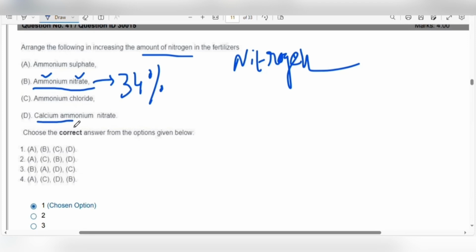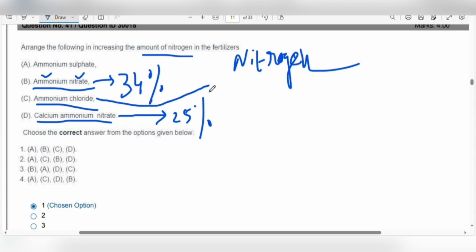Here we get CAN. CAN is a very widely used fertilizer that is called Kisan Khad. I think all of you know that. This is also a neutral fertilizer. It does not promote acidity or basicity in the soil after application. And you should know the nitrogen content of this, and that is 25%. Fine, very nice. The remaining two are also very well known fertilizers.